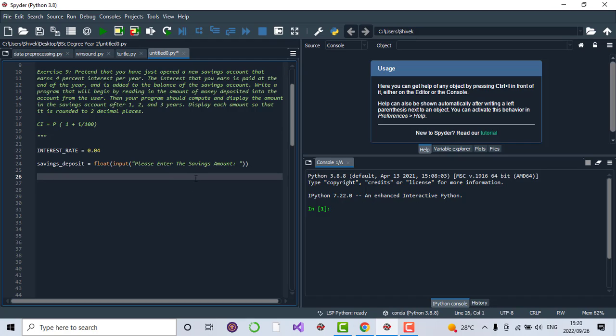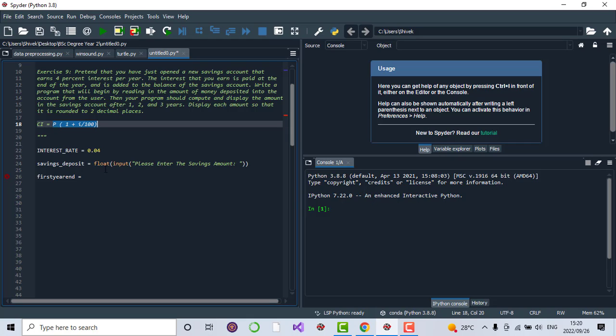Let's start with the first step, which is year 1. Let's call this first year end equals. This is the important bit. In the first year, that's the first year of the account being opened, our principal amount, we need to substitute the correct values in this formula.